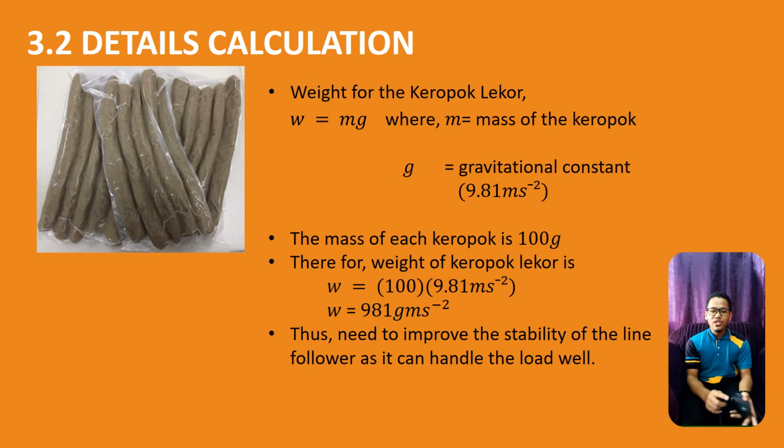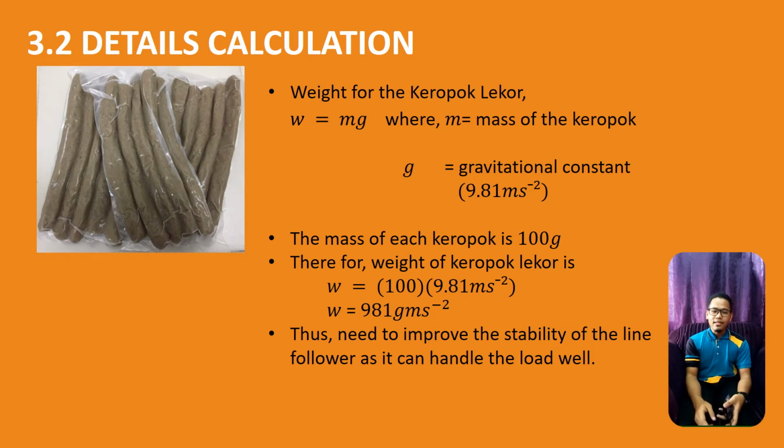The mass of each keropok is about 100 grams. Therefore, the weight of the keropok lekor is W equals 100 grams times 9.81 meters per second squared.